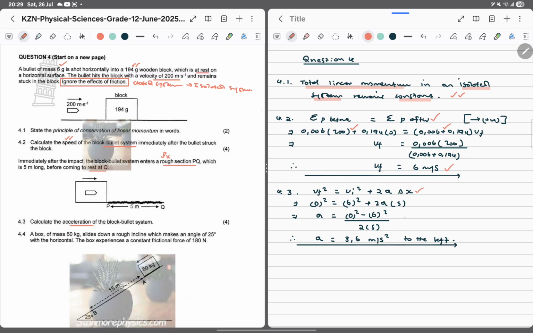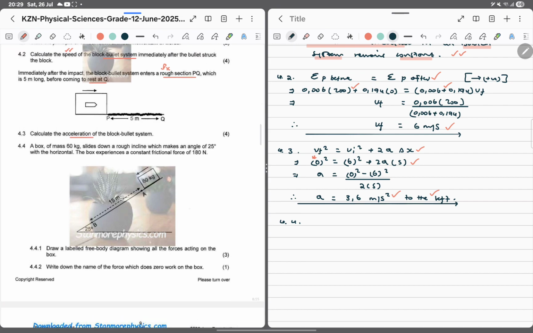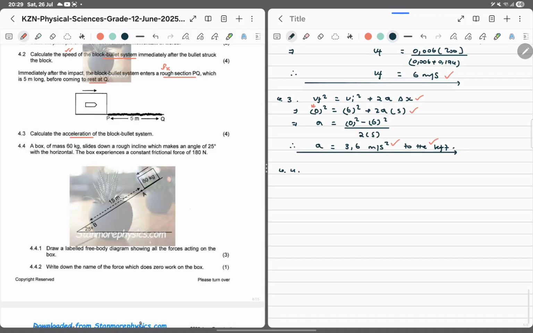So formula, substitutions. We can say, since this is a vector, it's good enough. Or we can consider the fact that the final velocity here is 0. Okay, 4.4. So 4.4 says a box of mass 60 kilograms. So this is a different story.